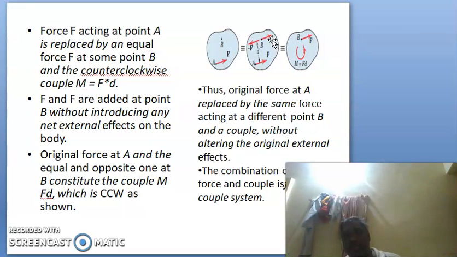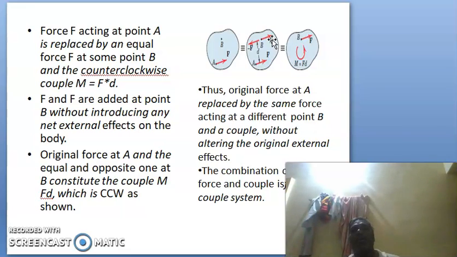At point B we have added two equal and opposite forces at the same point, which means we have not added anything at all. It is equivalent to not adding anything. We have added two forces which cancel out each other.